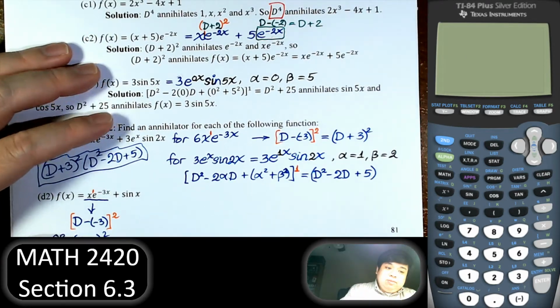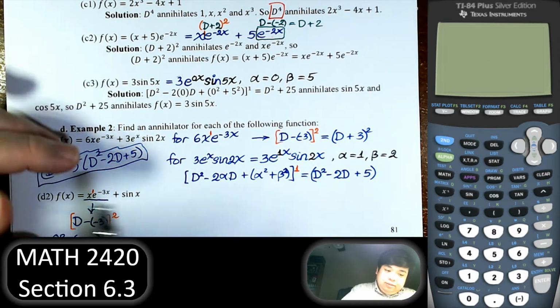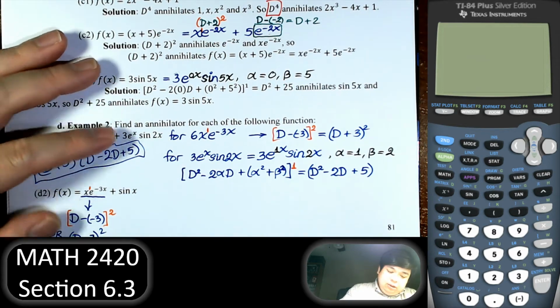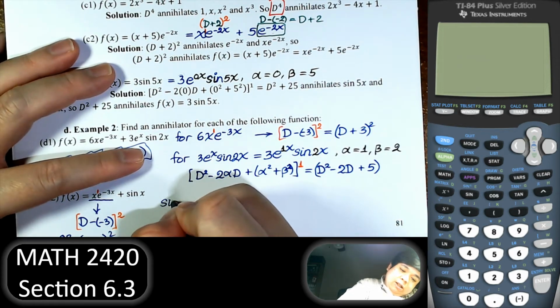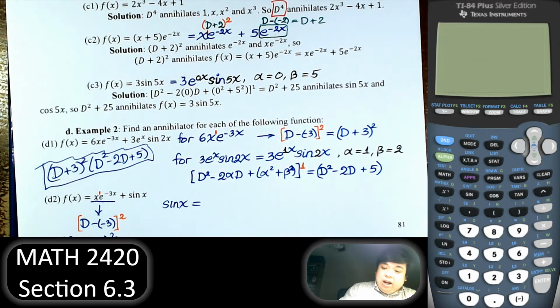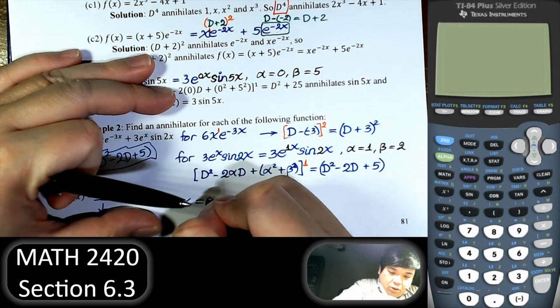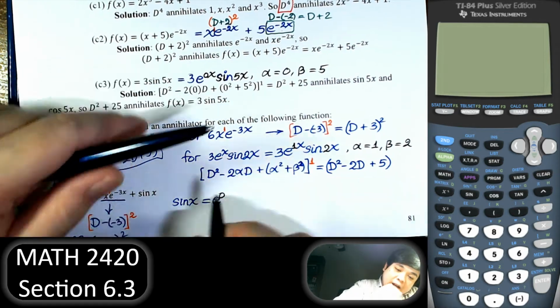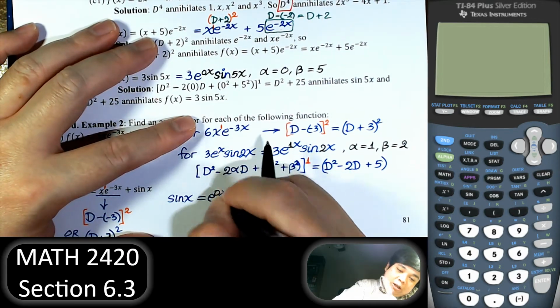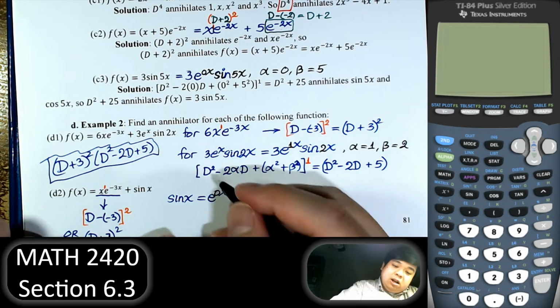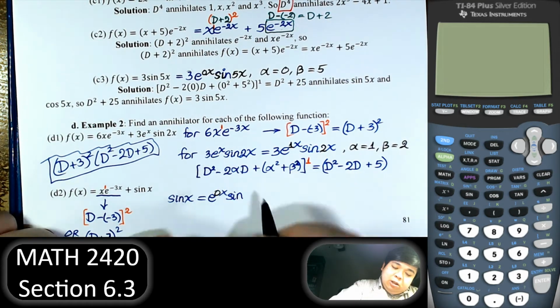For sine x, we can write that as e to the 0x, which is 1, times sine 1x.